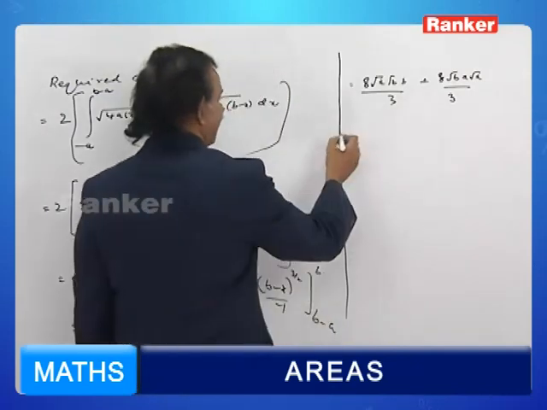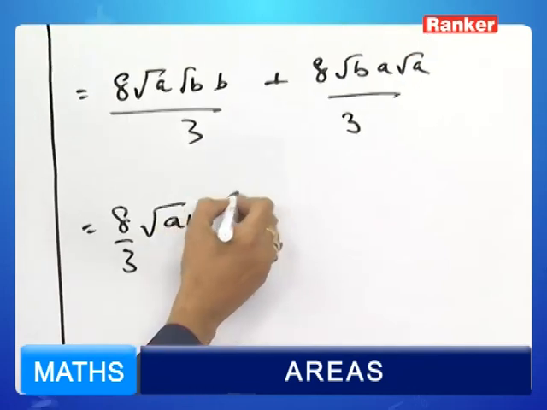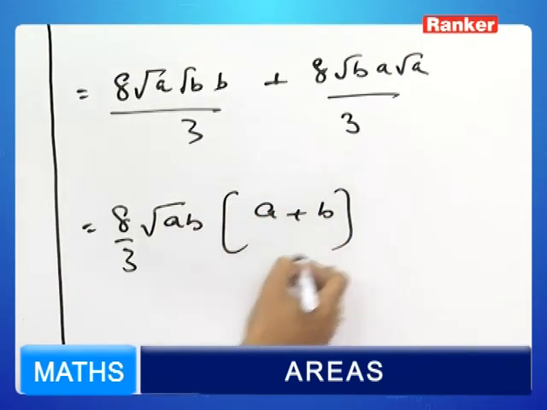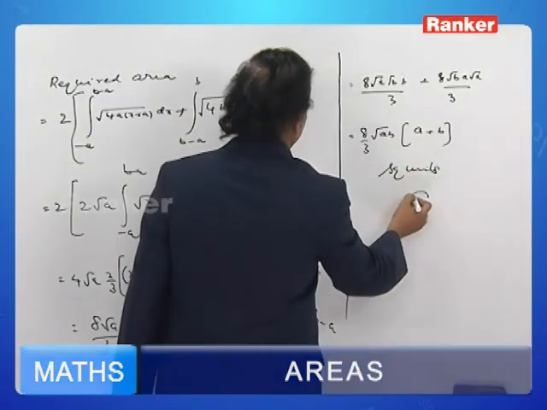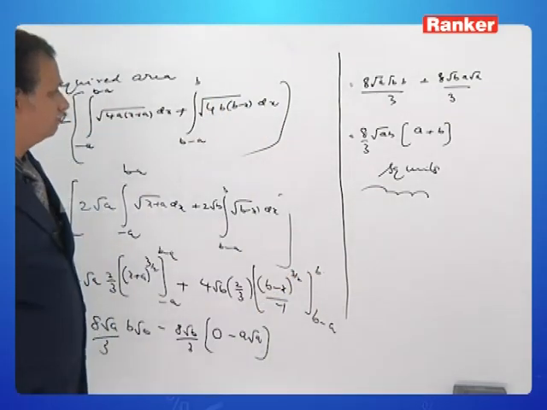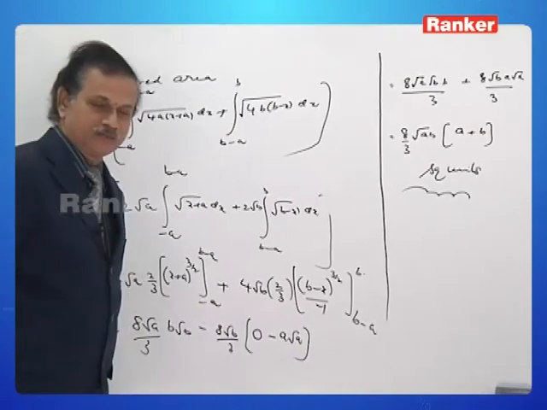From these two we can get 8 by 3 into root ab as a common factor. You will be able to have b plus a, or of course a plus b, so many square units. That is the answer for that question. 8 by 3 root ab into a plus b, so many square units.